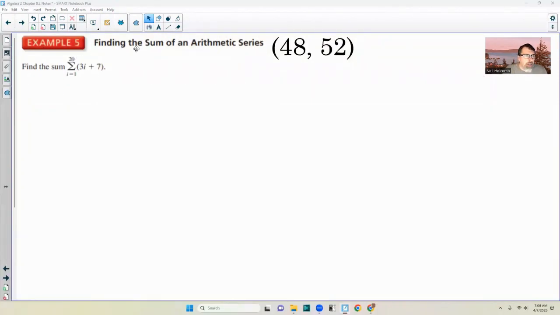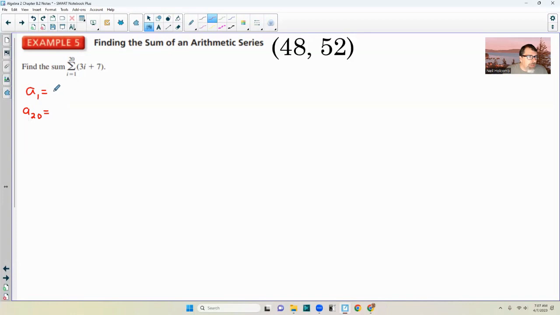Okay, finding the sum of an arithmetic series. So it says to find the sum of, and there's our sigma notation for a summation, from I equals 1 to 20. So we want from the first term to the 20th term. So right there, I want A sub 1 and I want A sub 20.